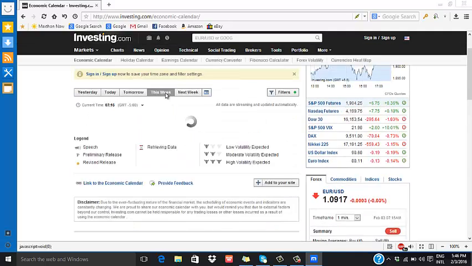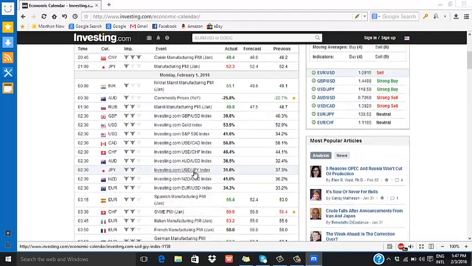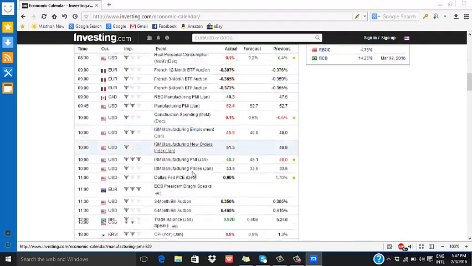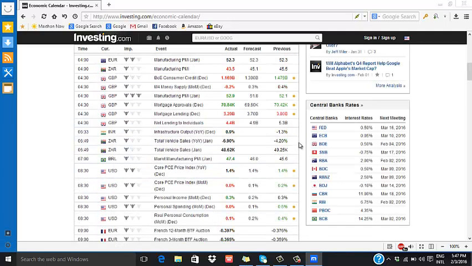Similarly, if I want to know for this week, date wise or day wise, you can see the expected announcements for this particular week. An important thing here is the central bank rates. These talk about the monetary policy announcements and the next schedules of various countries. For example, RBI, February 2nd, is the announcement about the interest rate and monetary policy.